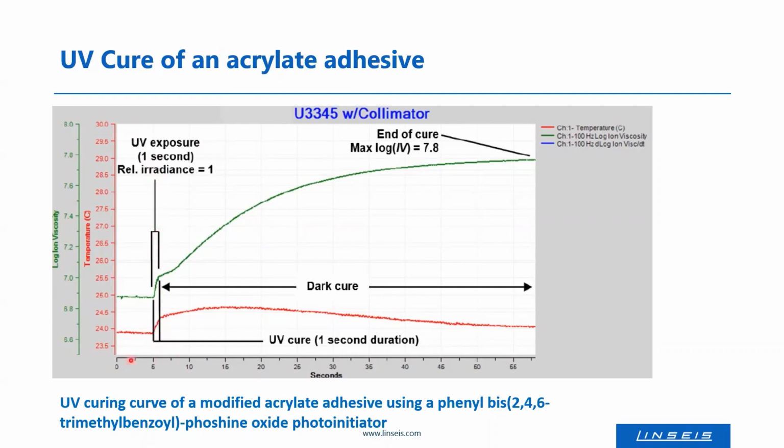You can see the time here. The green curve is the ion viscosity, and the red curve is the temperature. And during the exposure with UV light, the curve already goes up, and then the curing reaction takes place until, after about 60, 70 seconds, the sample is almost or completely cured.